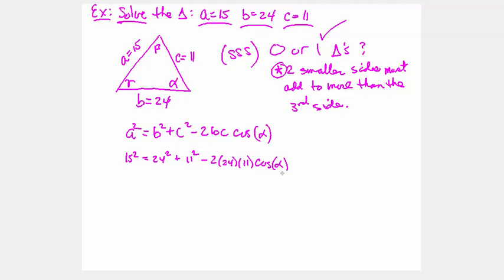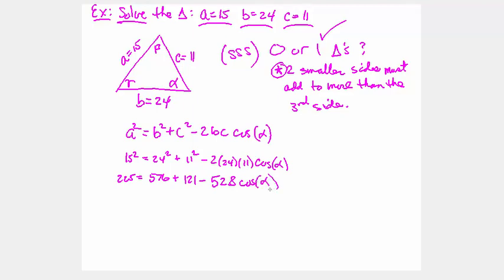So there's a lot of calculator number crunching here. Let's go ahead and do some. 15 squared is 225. 24 squared is 576. 11 squared is 121. And then 2 times 24 times 11 is 528. So I'll put that in place.